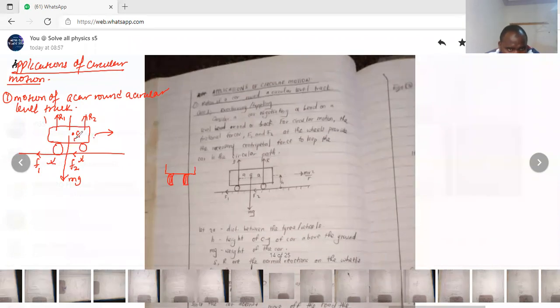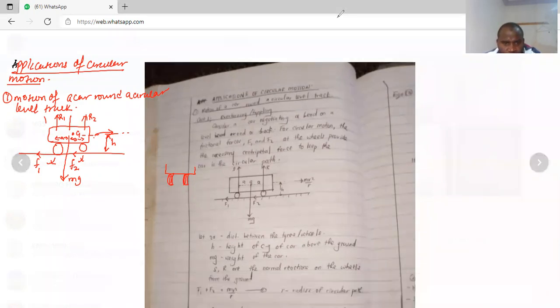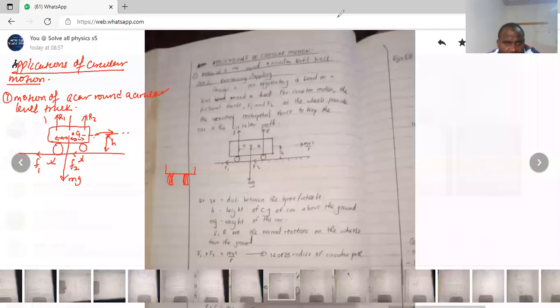The tires have a distance of a from the center of gravity, as shown in that diagram. Then the center of gravity can be at a height h. So with that knowledge, we can talk about some of these conditions.